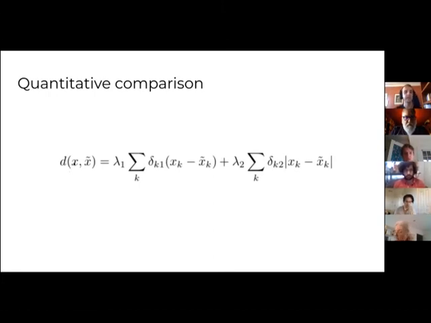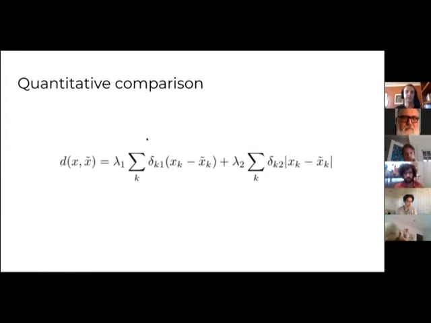the FFT of the target and the FFT of the solution. And we have this summation where these delta K1 and delta K2 are going to be either 0 or 1, which means for each K, which is each frequency bin in the FFT, we're either going to have a term from this first sum or a term from the second sum.